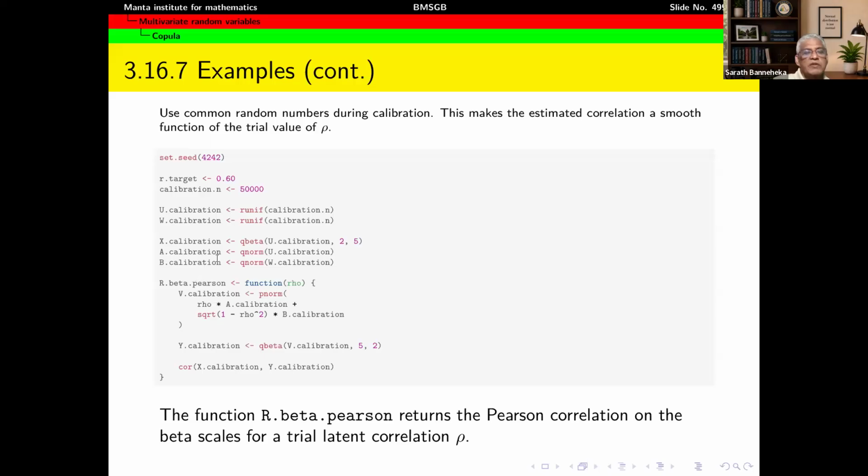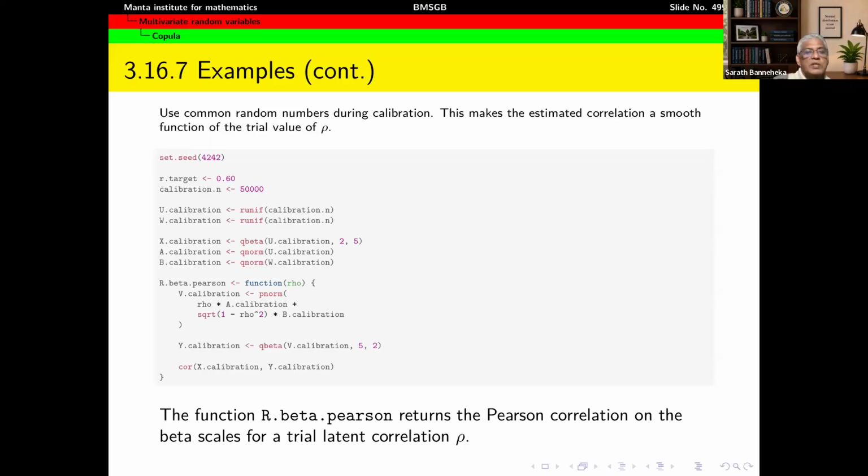And then in order to get Y values, I'm going to convert these U's into standard normal using Q norm. This is taken as A calibration. So those are standard normal. And then W is also converted into standard normal, called B calibration.